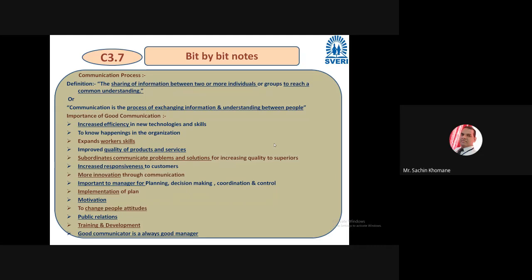So why is it important? Let us discuss one by one. The first thing is that communication is important because it increases efficiency in new technologies and skills. You can say this is the importance of good communication. If you have good communication, then definitely efficiency will increase because your message will reach the listener correctly, and he will work correctly.